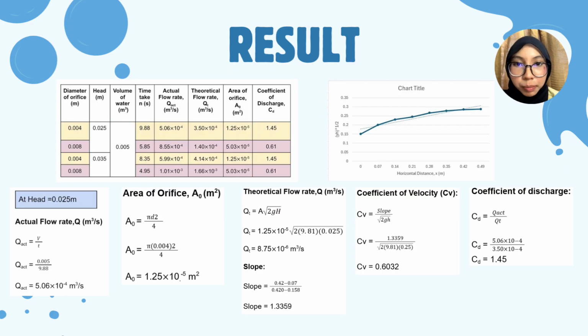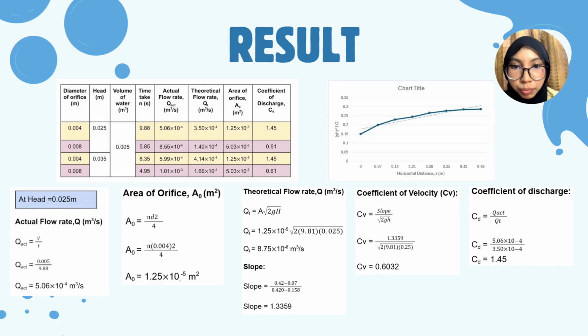Now, I will explain the calculation. For the first sample result, we get a diameter of orifice of 0.004 meter, and the head is equal to 0.025 meter. For the actual flow rate, Q, we use the formula Q actual equals volume over time. And then we substitute volume equal to 0.005 over 9.88 seconds, and then we get Q actual 5.06 multiplied by 10 to the power of negative 4 m³ per second.